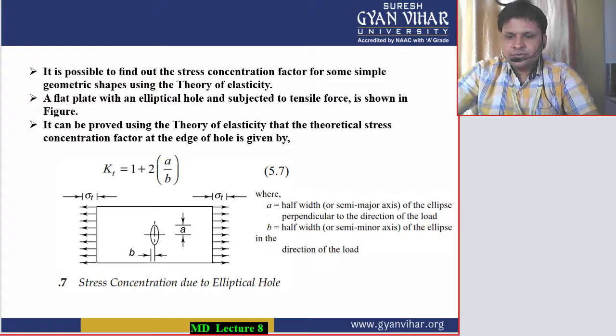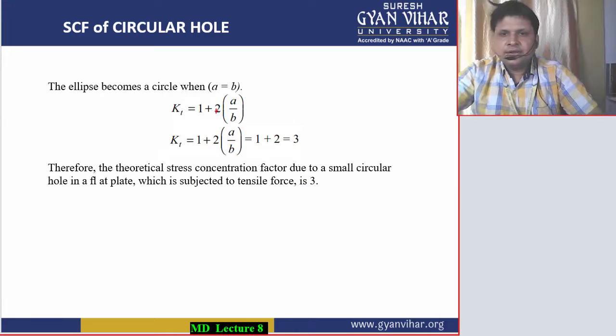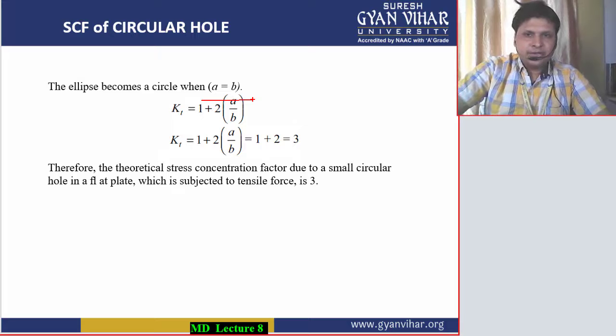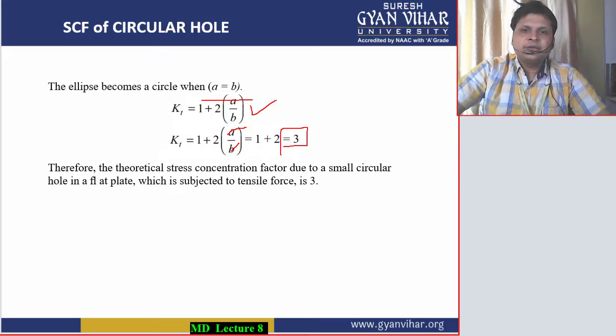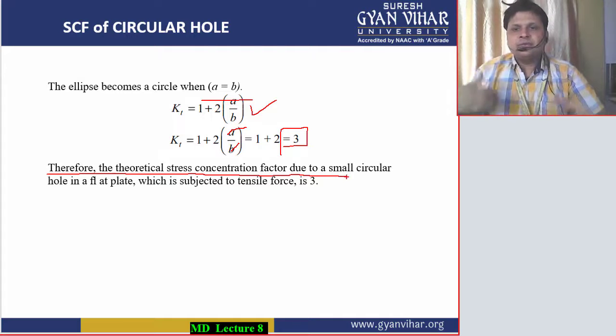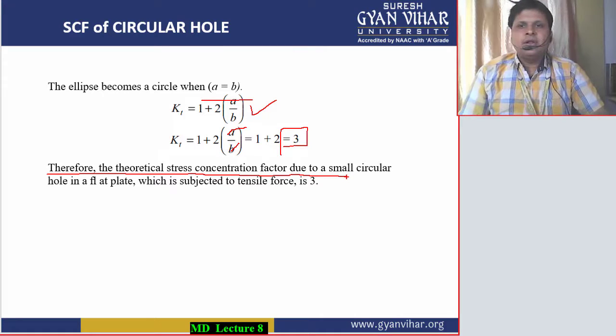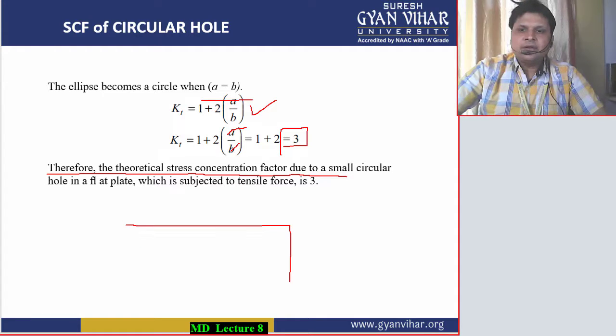This is also shown here. You can see for a circle you have a equal to b, meaning there is no major axis or minor axis, so they get cancelled out and Kt becomes 3. Therefore the theoretical stress concentration factor due to a small circular hole in a plate subjected to tensile force is 3.